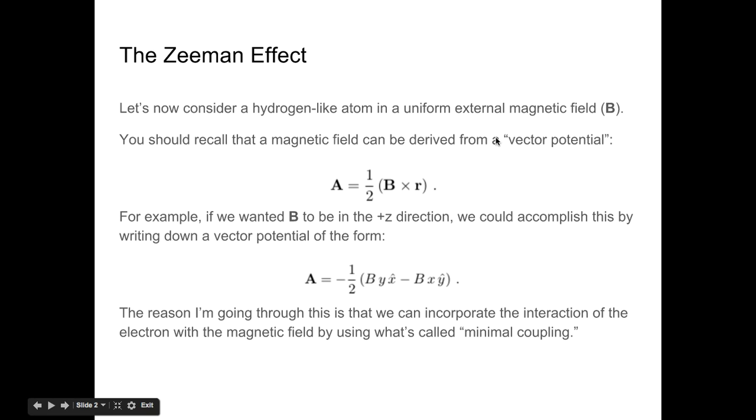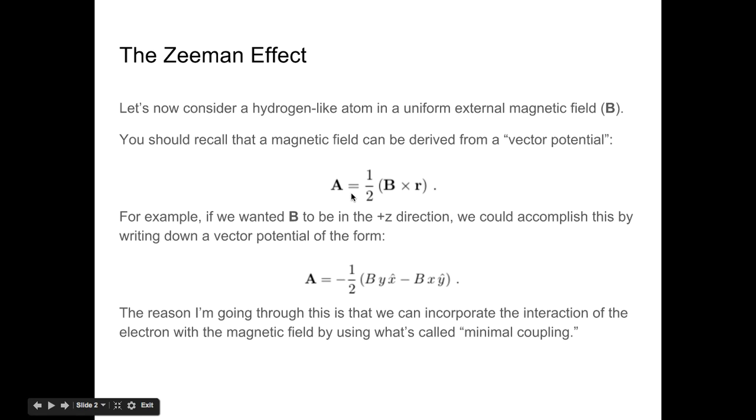And so before we get into how we write down the interaction term between the electron and this external field, it's advantageous for us to take a step back and remember our classical E and M, even though you might want to forget it, but you always have to remember it. And the idea that we want to use is that the magnetic field can be derived from a vector potential, right?